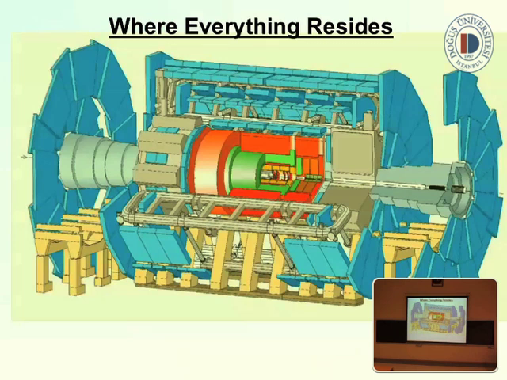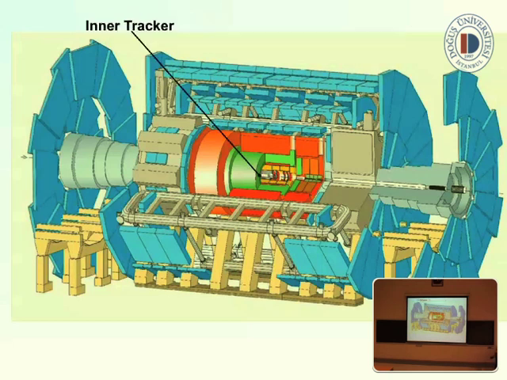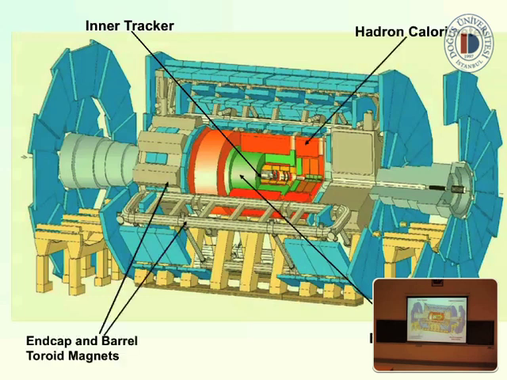Okay, and I go back to, any questions? I go back to the Atlas detector, and again I show the inner detector, electromagnetic calorimeter, hadron calorimeter, the end-cap and barrel toroid magnets, and in blue, the muon spectrometer.